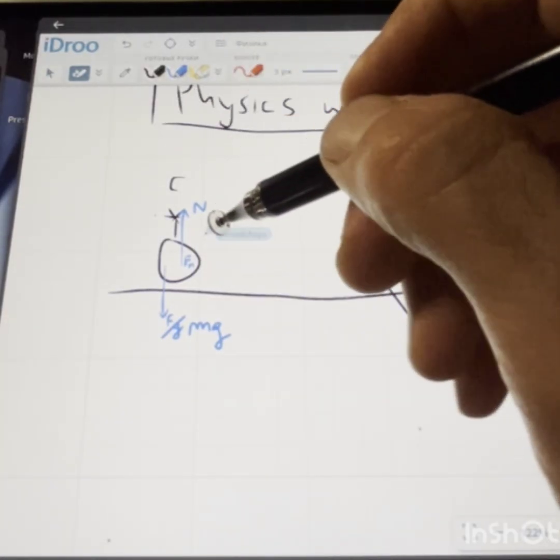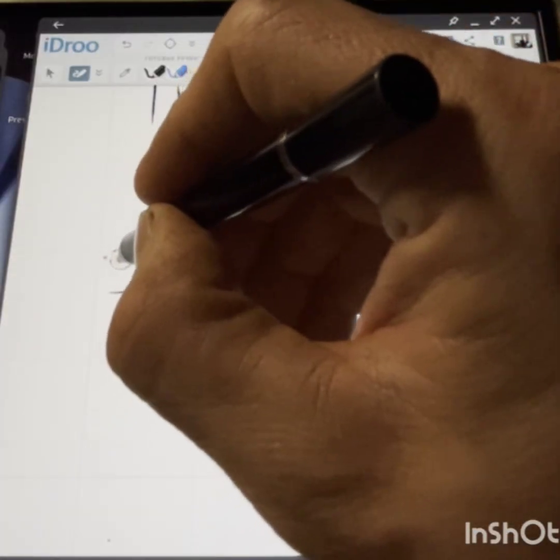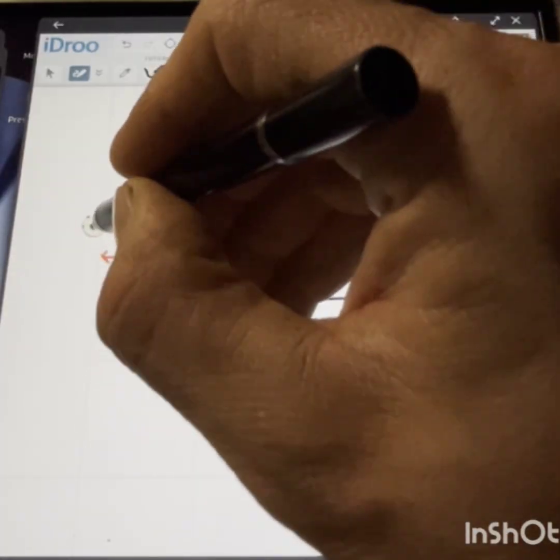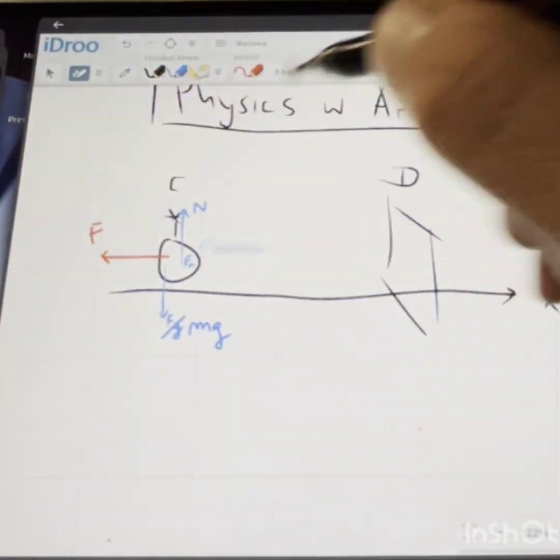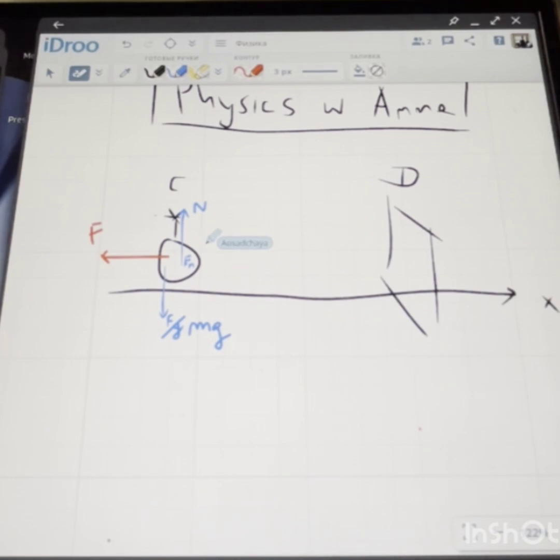The fan pushes it the other direction. So this is the fan. And then the force of friction is actually this way. Is it? No, it's this way.